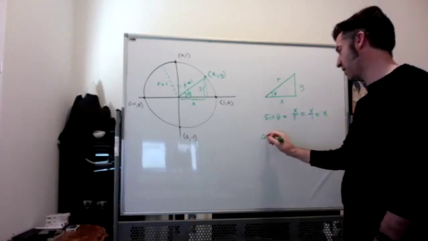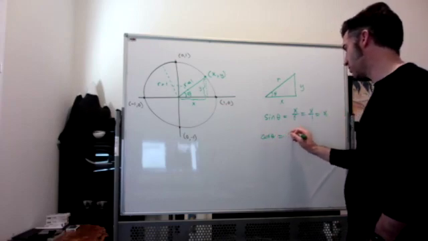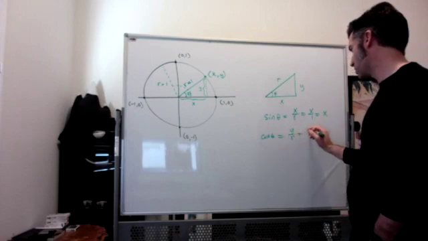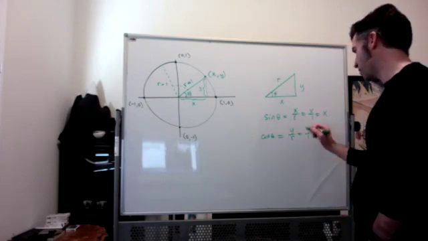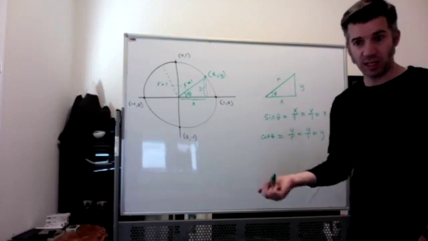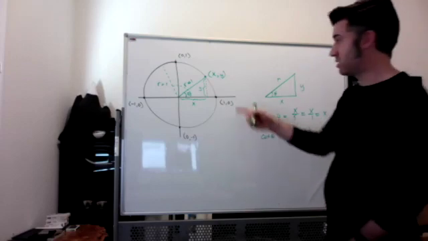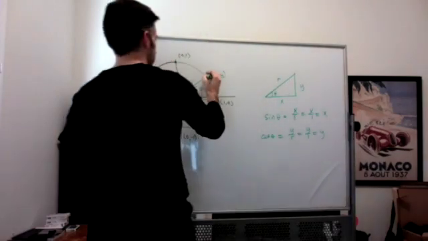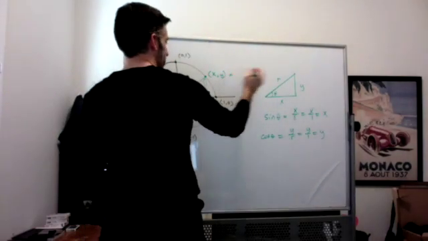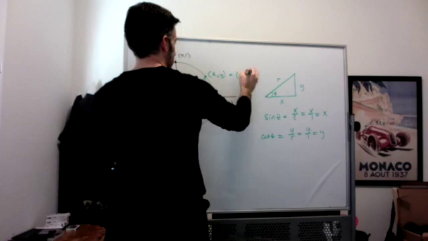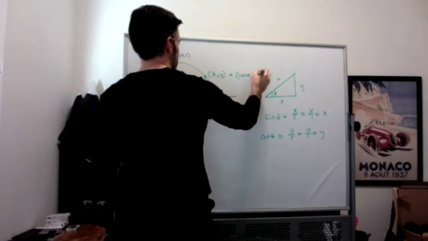And cosine of that angle is equal to y over r, which is y over 1, which is just y. So what's interesting here is that we can think of sine and cosine as just the coordinates on the circle. This is cosine theta, this is sine theta.